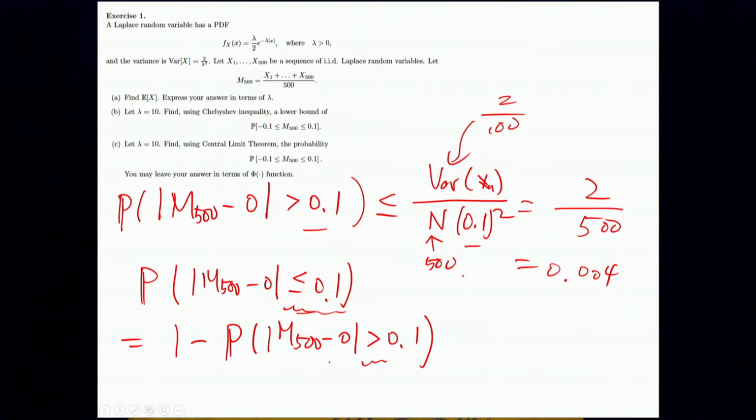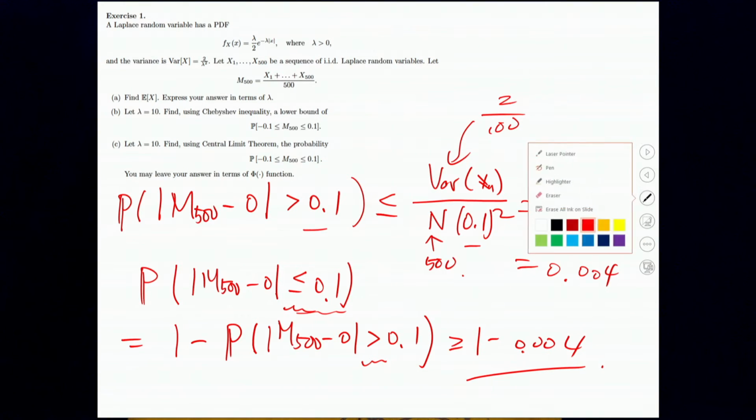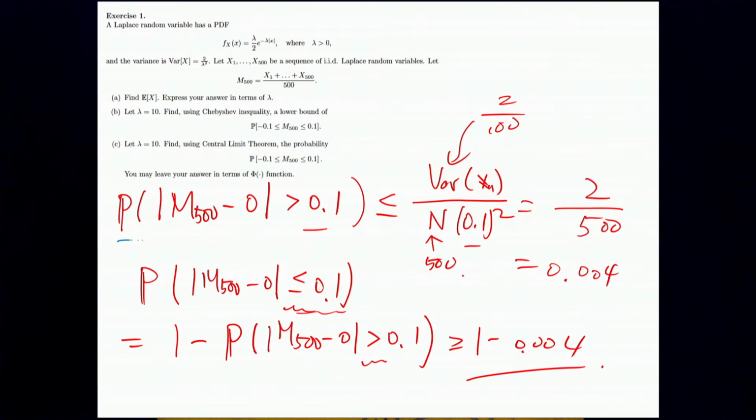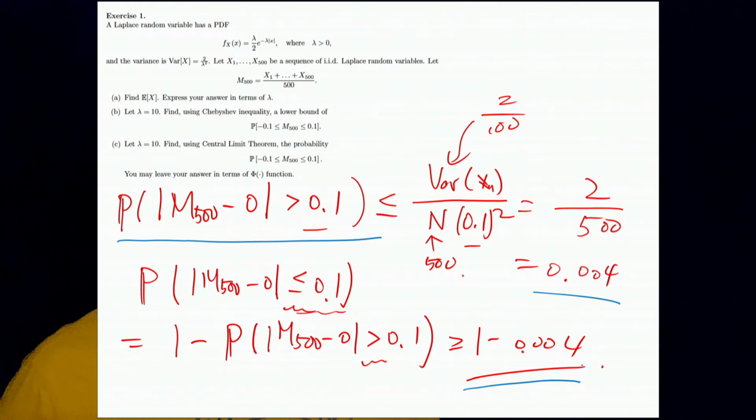And this is also greater than 1 minus 0.004, because this probability is less than 0.004. So 1 minus this will definitely be greater than 1 minus 0.004.